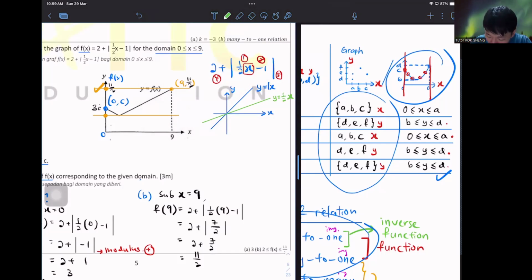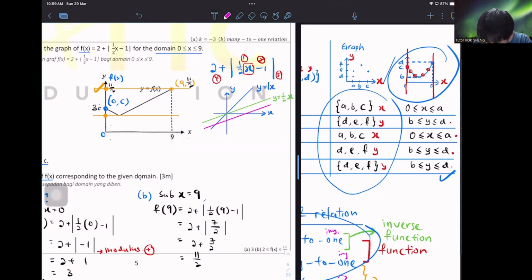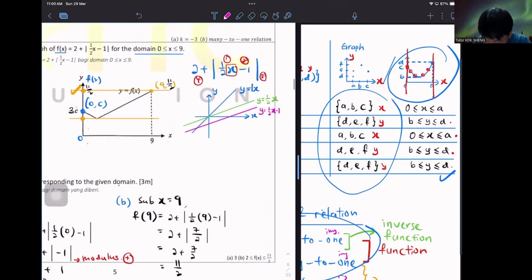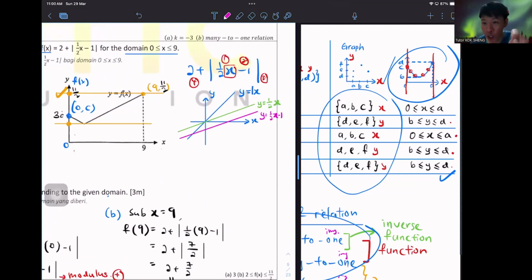So with minus 1, the whole graph will become lower. These are the changes: from y equals x, it becomes 1 over 2x, and then lowered to 1 over 2x minus 1. Until here, now followed by the modulus, the third step.